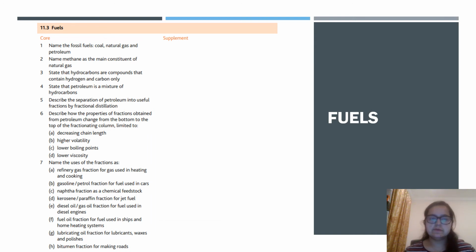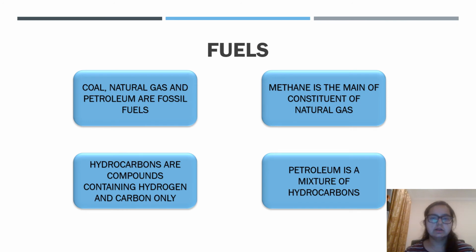Now fuels. We'll learn the different fossil fuels, the fractional distillation of petroleum, and the different uses of the fractions obtained from the fractional distillation. First of all, coal, natural gas and petroleum are the fossil fuels, and methane is the main constituent of natural gas.